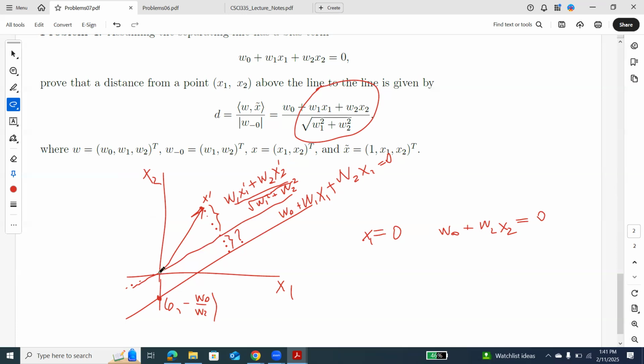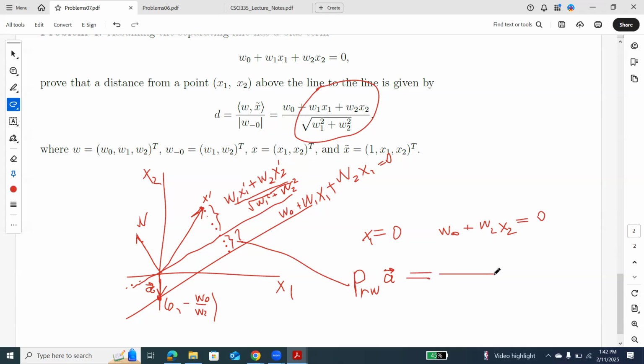Okay, so we have found this vector. To find this distance, we should take the projection of this vector on W, on the perpendicular vector. So this question mark is equal to the projection of my vector, let's denote this, for example, A, on W, because W is perpendicular to our line.